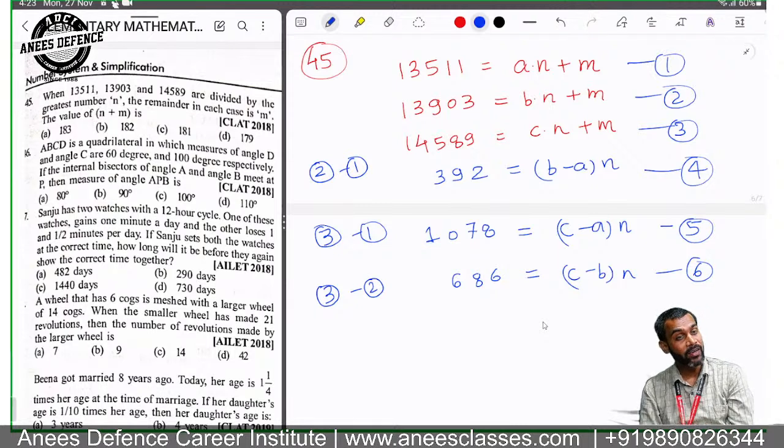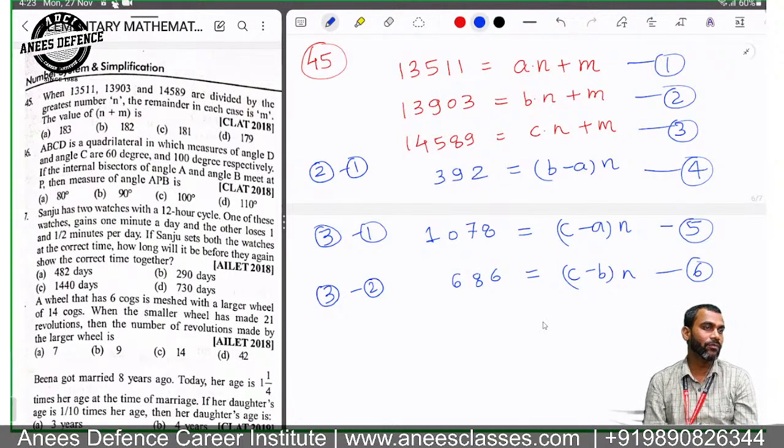So we can just divide all these numbers by 7. Whatever the numbers we have got, then we need to find out the HCF. And then whatever the HCF we get, that will be multiplied by 7 in order to get the final HCF. That will be the value of n. Yes or no?